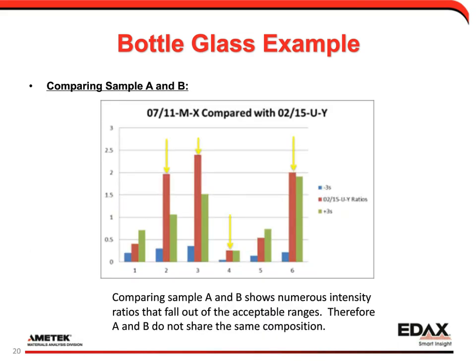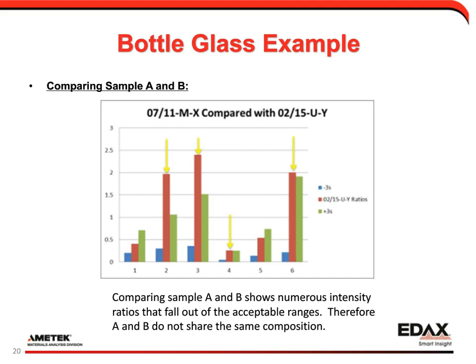And then now to compare fragments from different bottles with each other. The first instance, I'm comparing bottle A and bottle B. In this case, when I create those ranges, the plus and minus 3s for sample A, and I use the average ratios from sample B to compare, a number of the ratios actually fall out of the range.